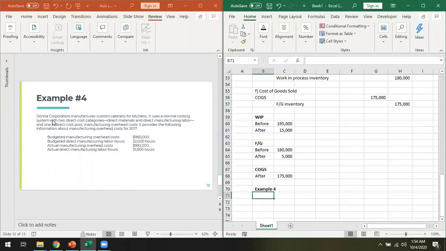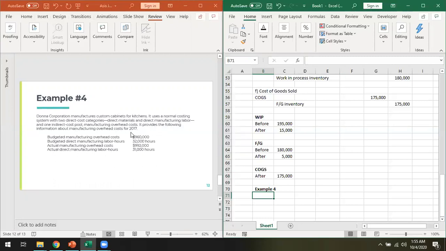We have the following information. Donor Corporation manufactures custom cabinets for kitchens, and we are provided with budgeted manufacturing overhead costs, budgeted direct manufacturing labor hours, actual manufacturing overhead costs, and actual direct manufacturing labor hours.